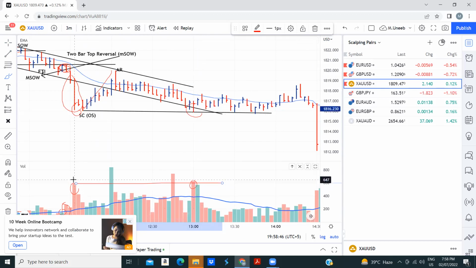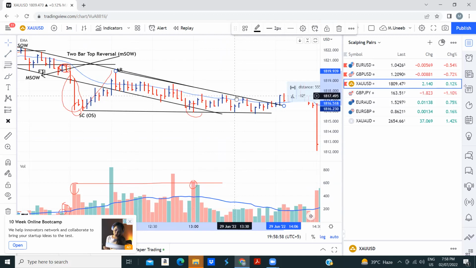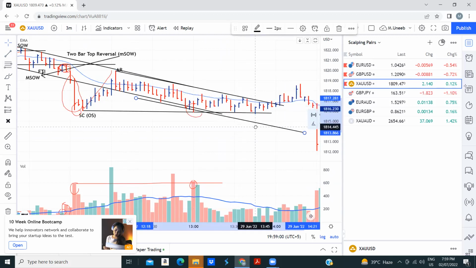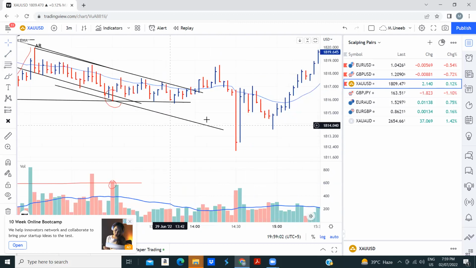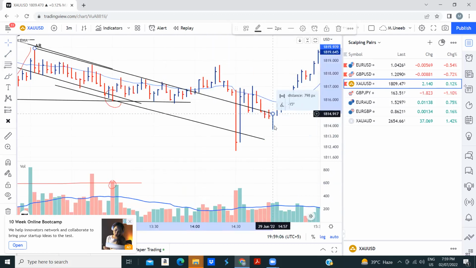So what did I tell you? The price will either retest on a lower volume, or it will start making another channel by lower highs like this. It starts making a new channel, and now this one was actually the confirmation of reversal.